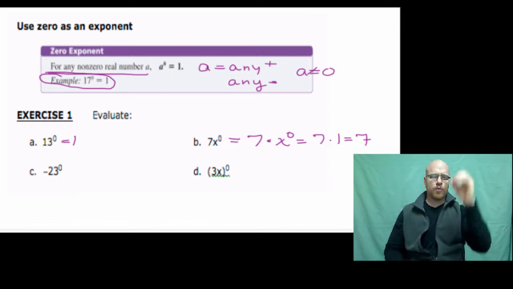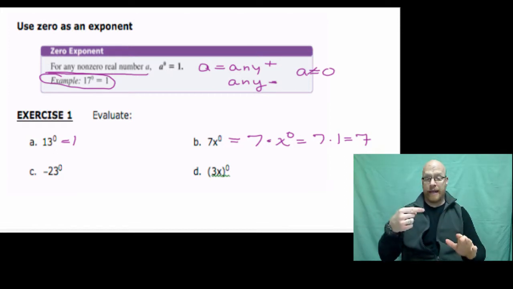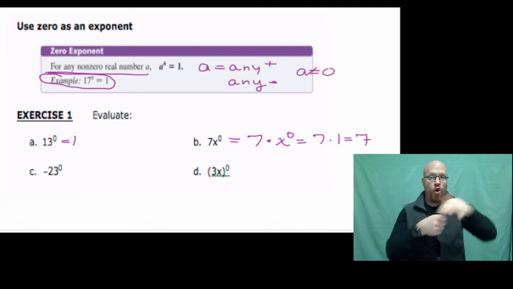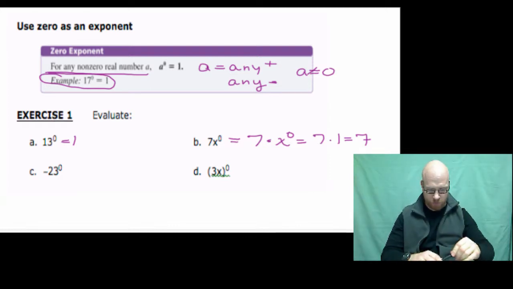We have negative 23 raised to the 0 power. We could assume it's 1, because it says negative numbers, right? But the negative in negative 23 is actually separate. It's negative 1 times 23. The 0 does not apply to the negative.